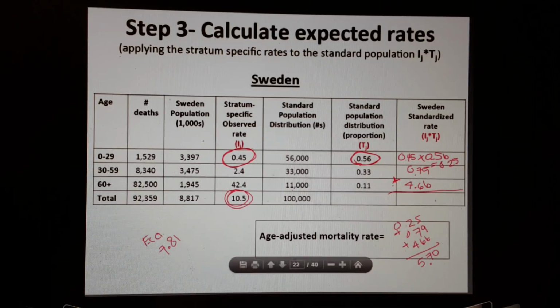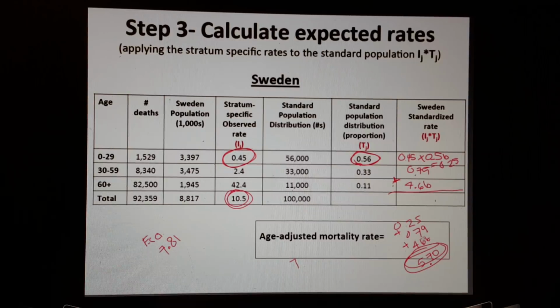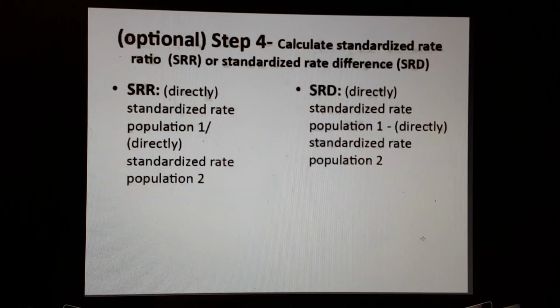So now you can see after we've adjusted for age, Sweden actually has a much lower death rate compared to Ecuador when we're just looking at those age-adjusted mortality rates. So an optional step after that is to calculate standardized rate ratio or standardized rate difference if you actually want to know what the real difference is in the rate between those two groups.